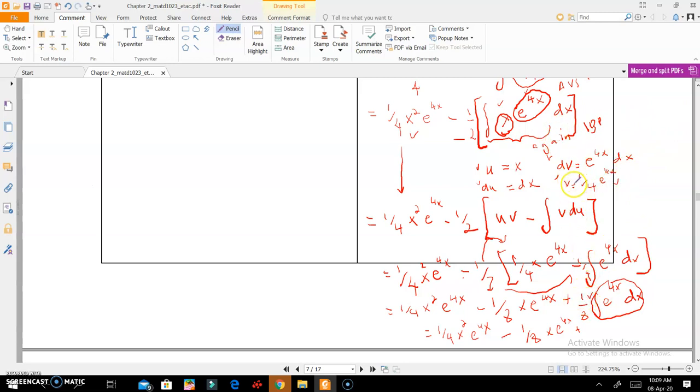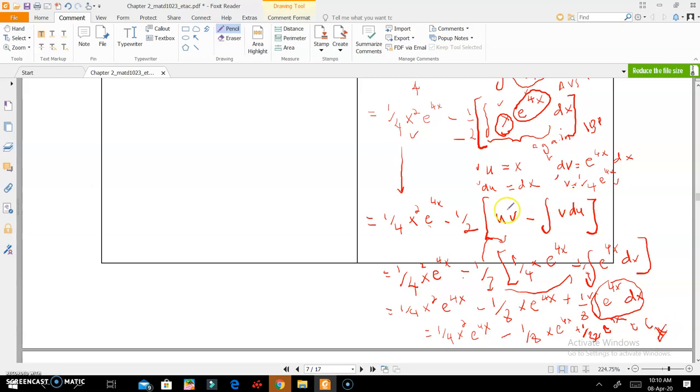So 1 over 4 multiplied with 1 over 8, you are going to get 1 over 32. 8 times 4 is 32, is it? So you're going to get 1 over 32 e 4x plus c. That's your final answer, right?